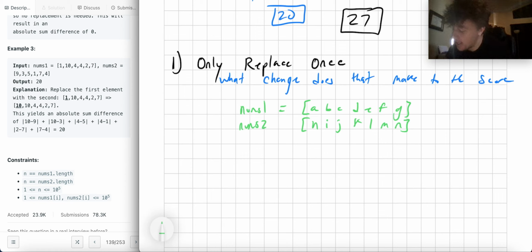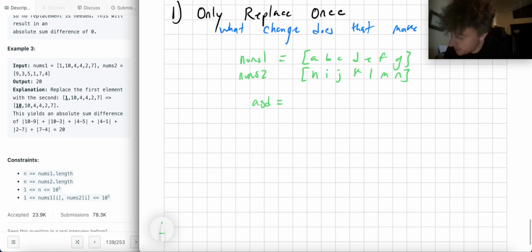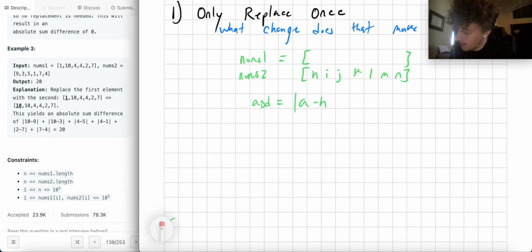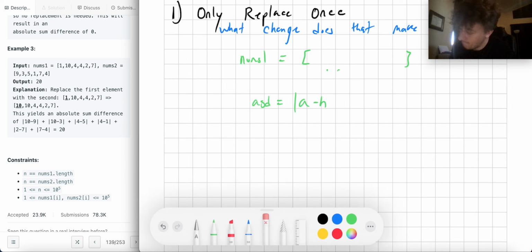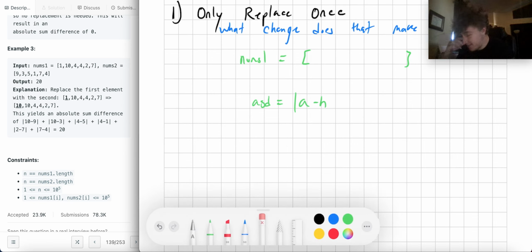So if we initially figure out what the absolute sum difference is, it's the absolute value of A minus H. You know what? I don't like the way that I did that. Guys, sometimes you've got to do better.